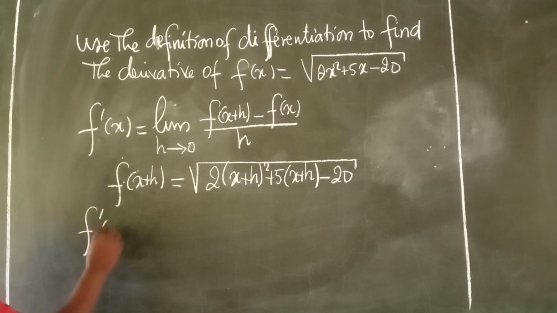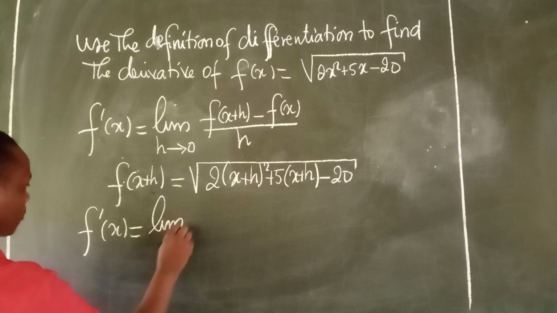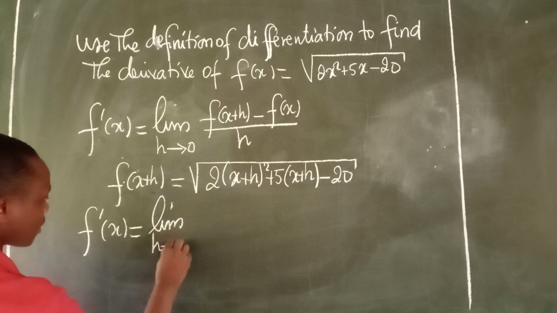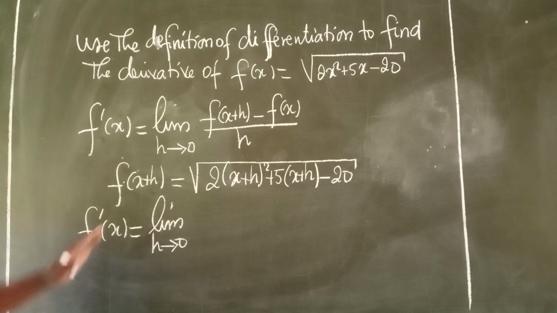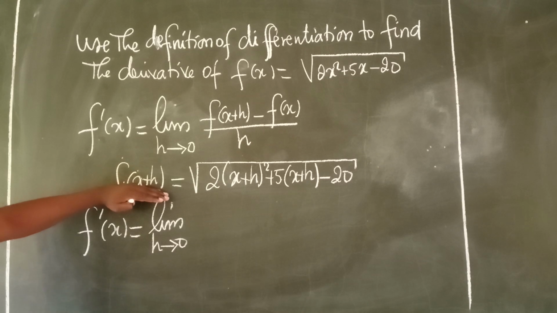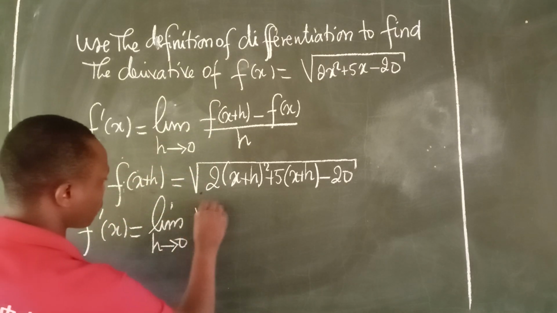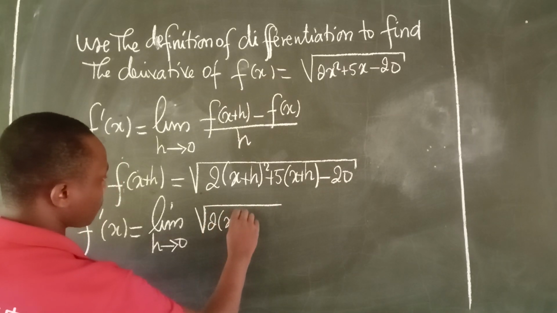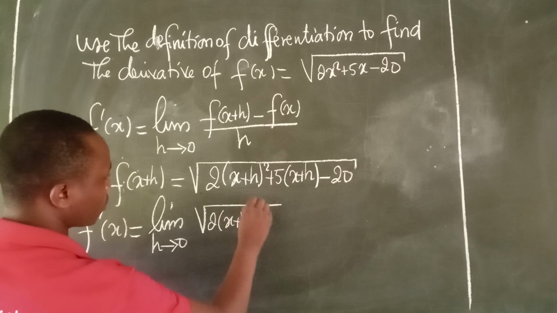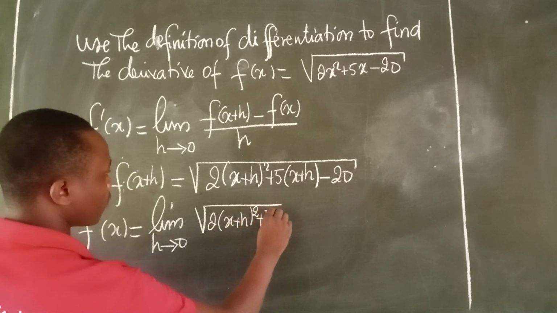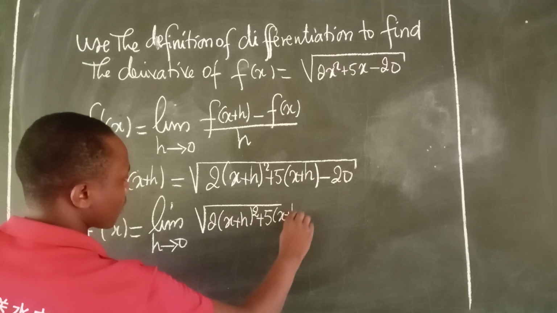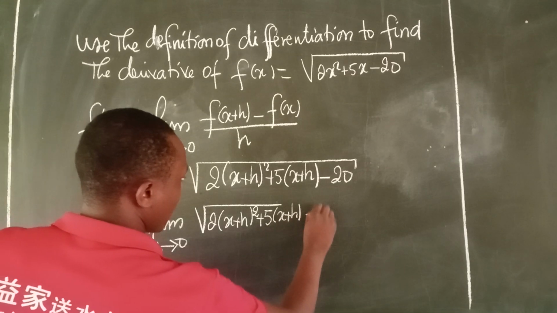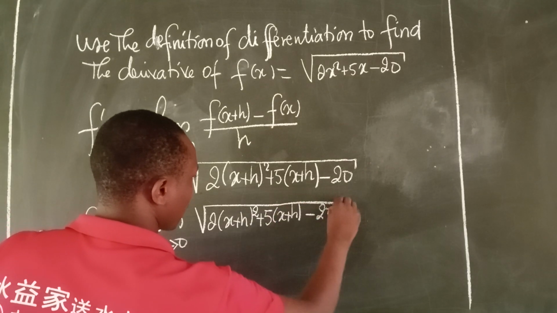The derivative of this f of x is equal to the limit where h tends to 0 of this f of x plus h. We take it here, which is the square root of 2(x plus h) squared plus 5 into (x plus h) minus 20.